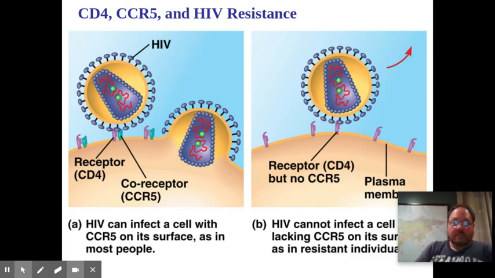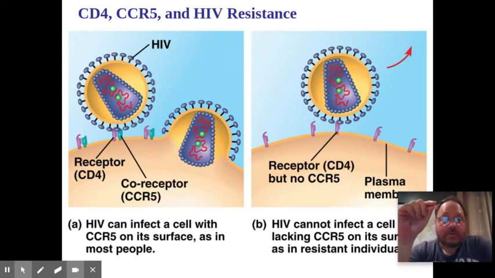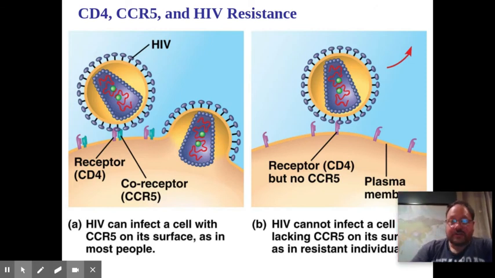So being able to maybe block the co-receptor, that CCR5 receptor, could be a way to prevent HIV infection in cells. Okay, so understanding the importance of these different proteins allows you to develop different therapeutic interventions.